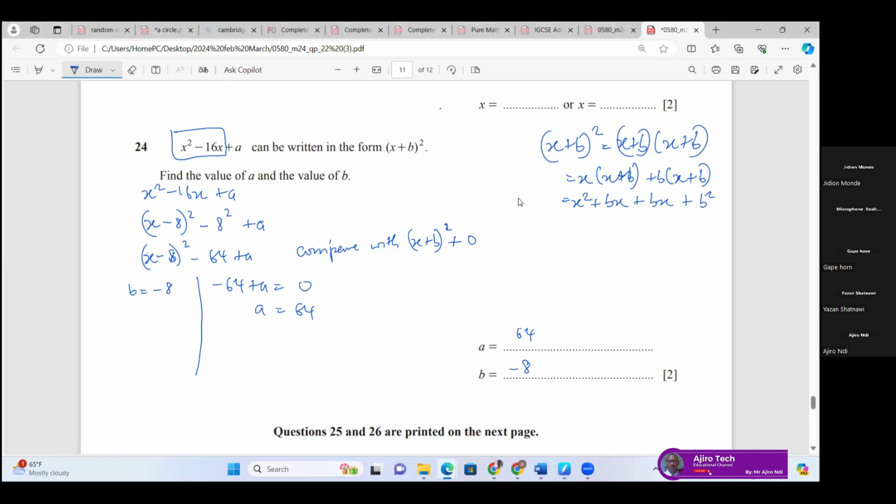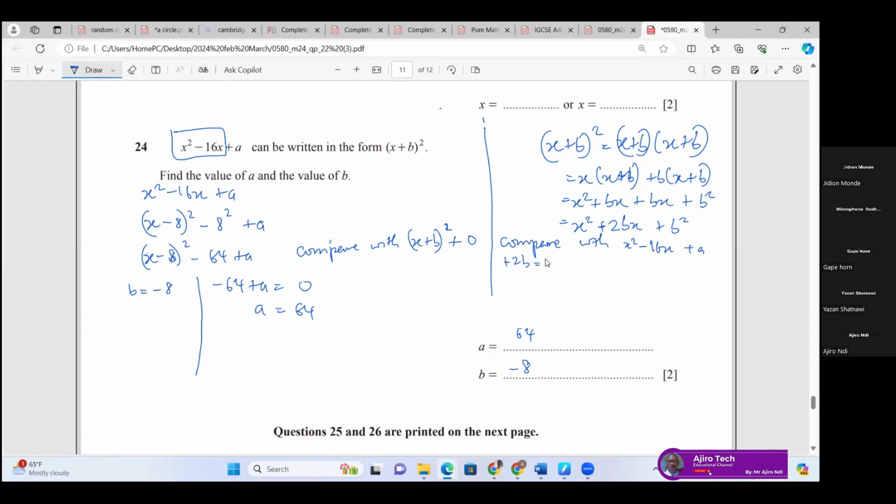Okay, let's continue. So if I'm expanding, I'm going to get x squared plus 2bx plus b squared. So if you now compare this with the other one, x squared minus 16x plus a, that means that my 2b is equal to minus 16.